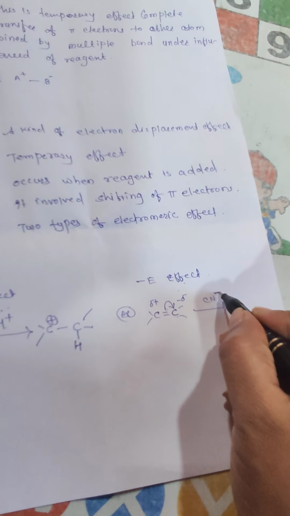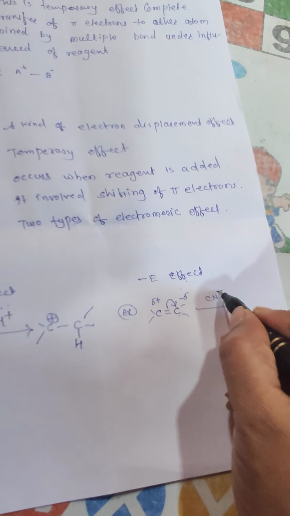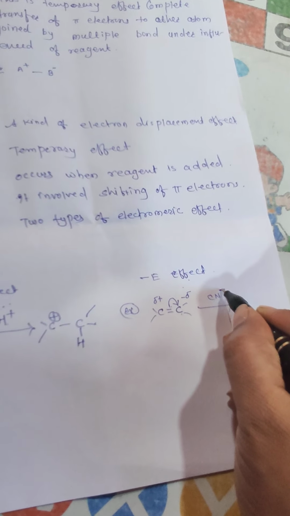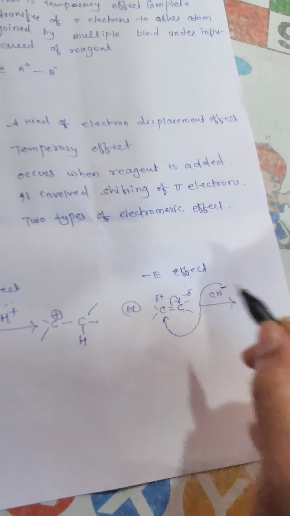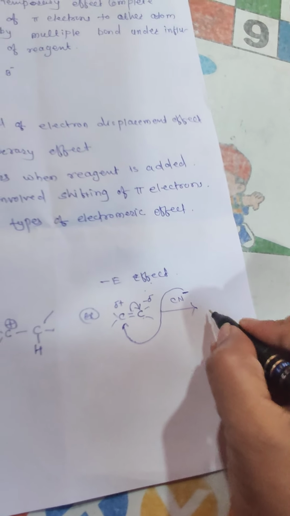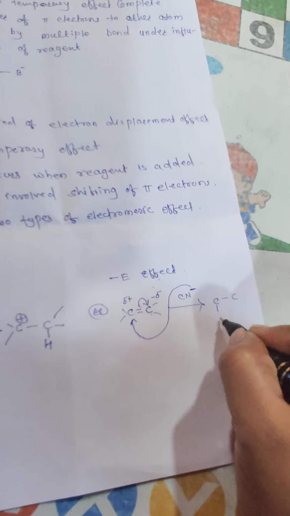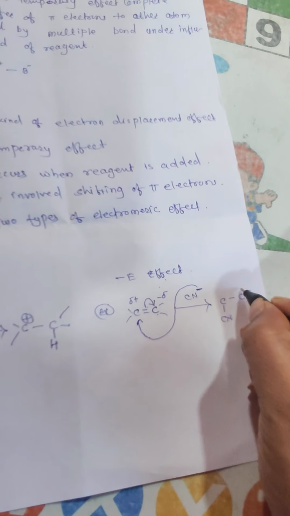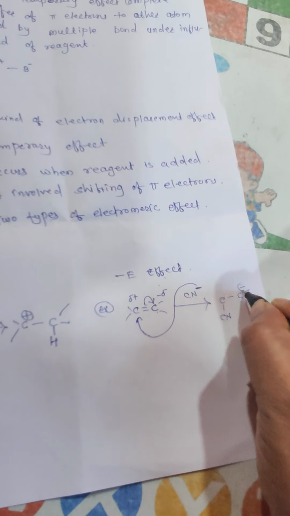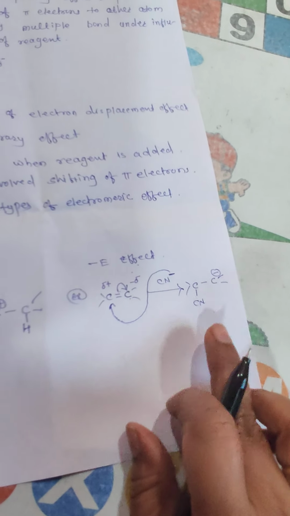This cyanide group is a negatively charged ion, therefore this negatively charged ion attracts the positively charged carbon. Therefore the product is formed. Here the CN group is attached and here is the negative charge, in this type.